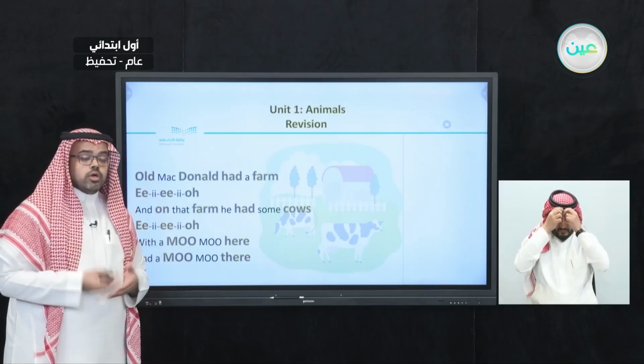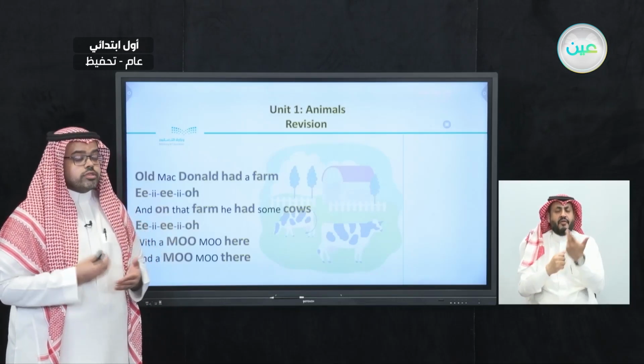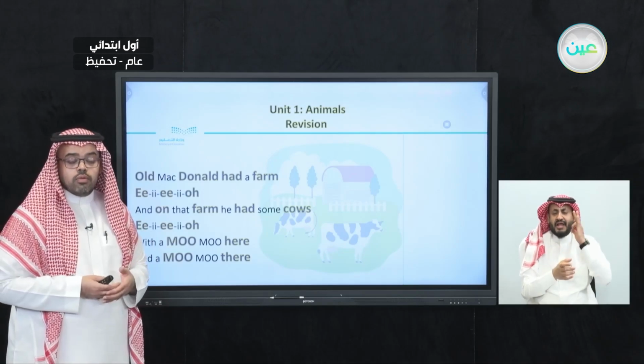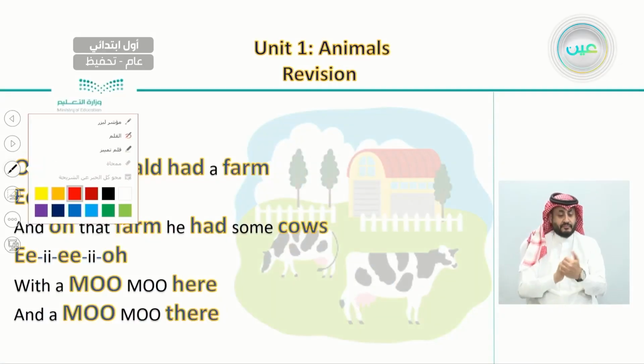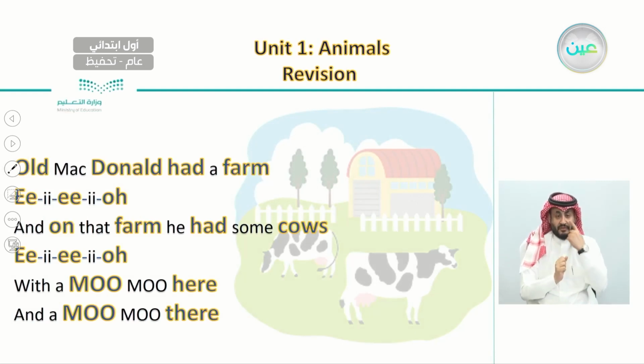And what did we learn last time about the sound of a cow? We said that a cow can make a sound of moo-moo. This is how the sound of a cow would sound like. Since they are talking about a farm that has some cows, we can see a lot of moo-moo here and there.